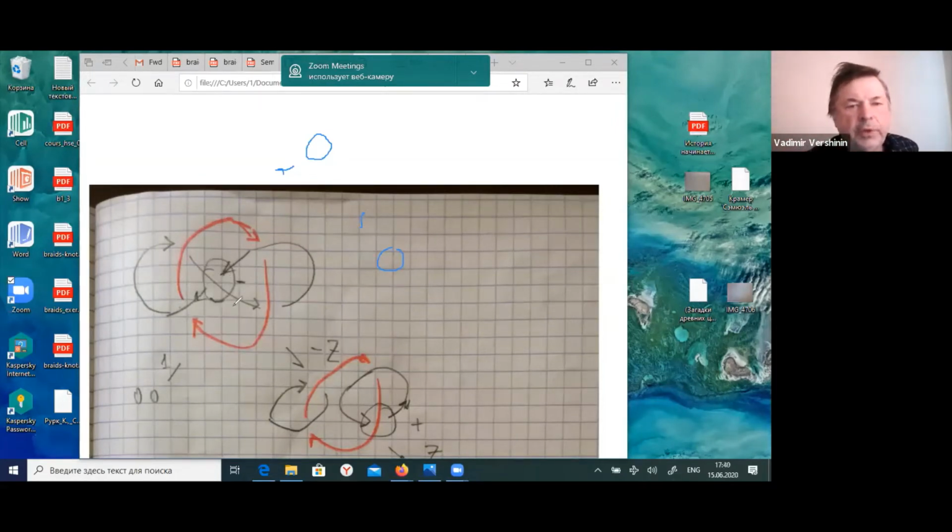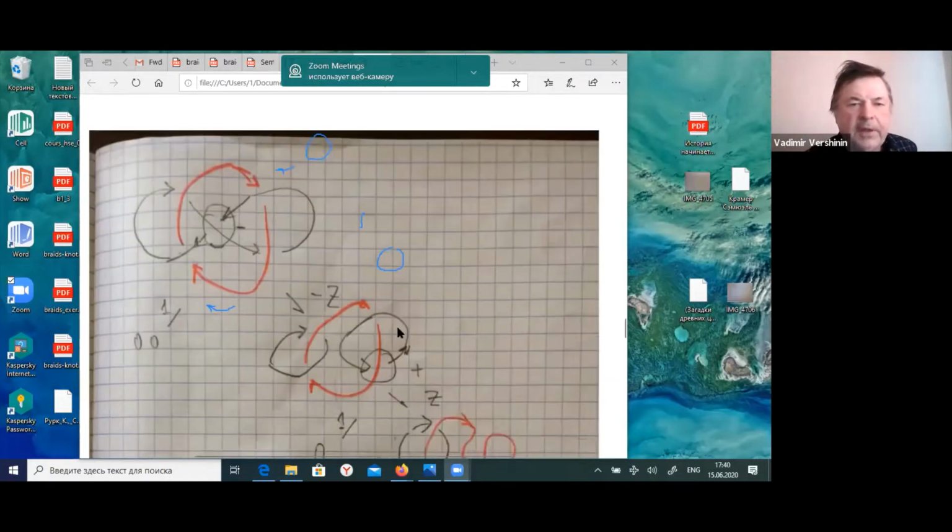And what do we have? We have again this direction. This is overcrossing, this is undercrossing. So we have minus. If we have minus, then we have 1. So if we change crossing here, then we definitely have a 2-component split link, 0 Alexander polynomial. Okay, then because it was minus, we take minus z.